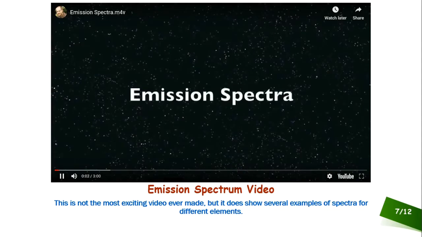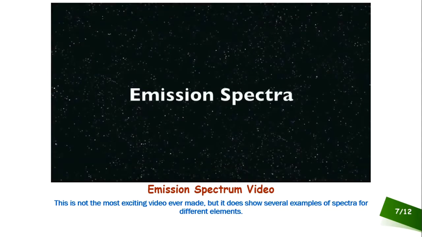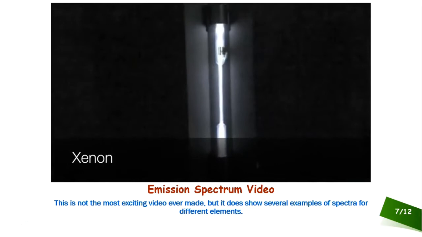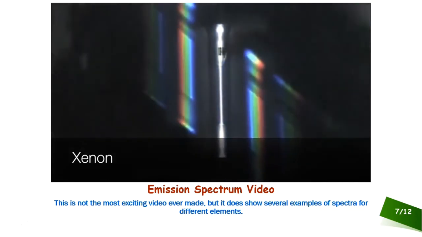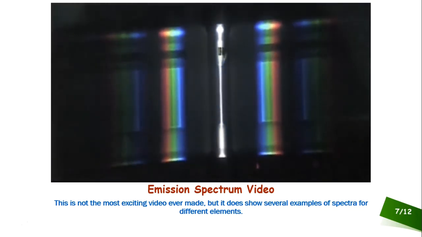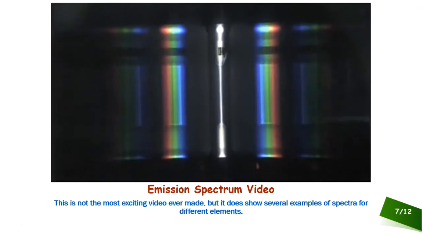What you will see in this video are vials of elemental vapors that have been excited by 20,000 volts of electricity. As the excited electrons fall back down to their lower energy levels, they give off light. As you can see in this xenon, a diffraction grating is used to split the light into its discrete lines in the emission spectrum.